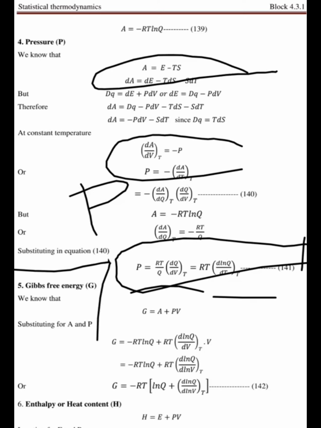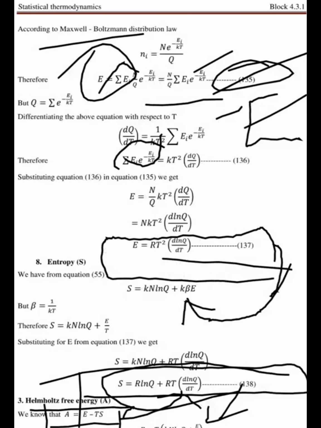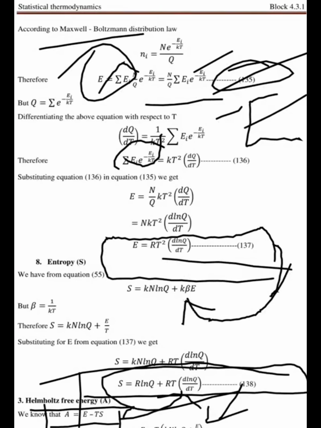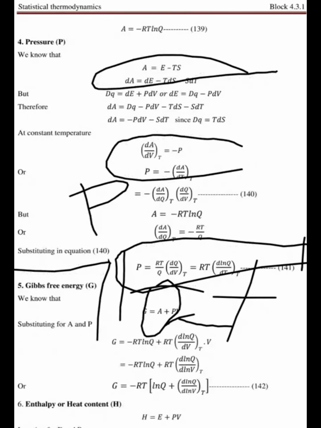And further, how to calculate the Gibbs free energy? G is equal to A plus PV. We will be getting the value of P also. A is also available from the previous equation, that is for Helmholtz free energy.